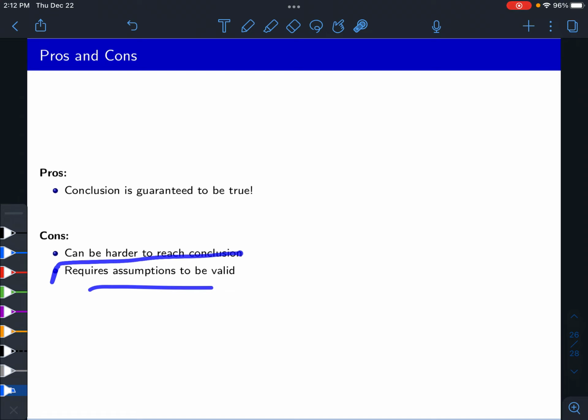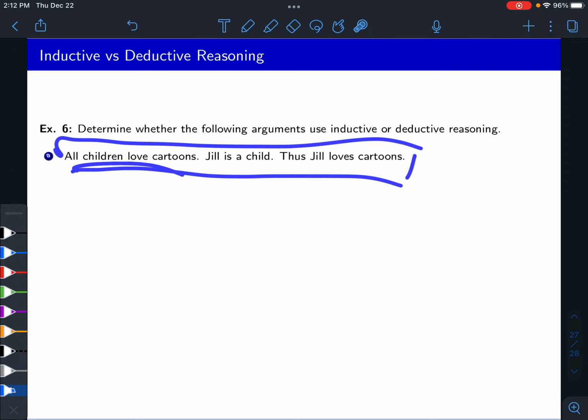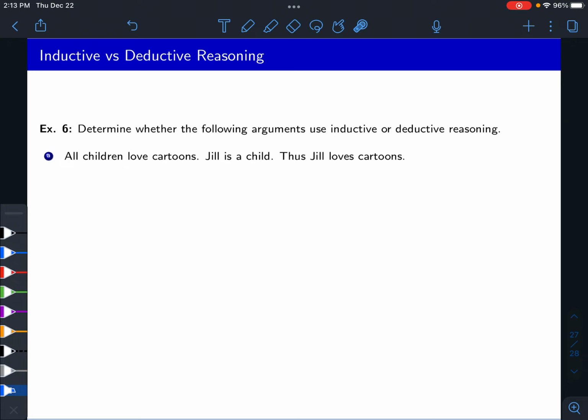Coming back to that last con, a con of deductive reasoning is that it requires your assumptions to be valid in order to actually apply it. In this cartoons example, it might not necessarily be true that all children love cartoons. There are some kids out there that don't really love cartoons.